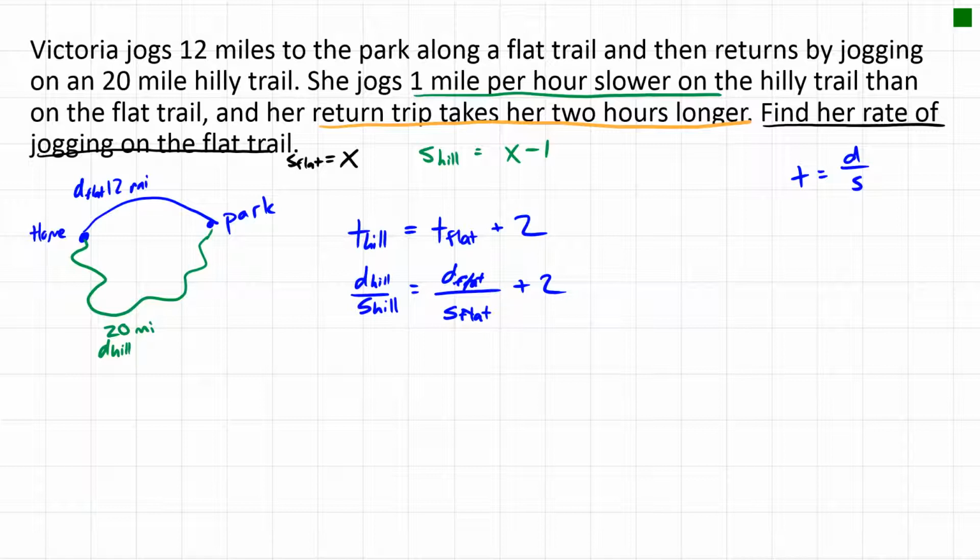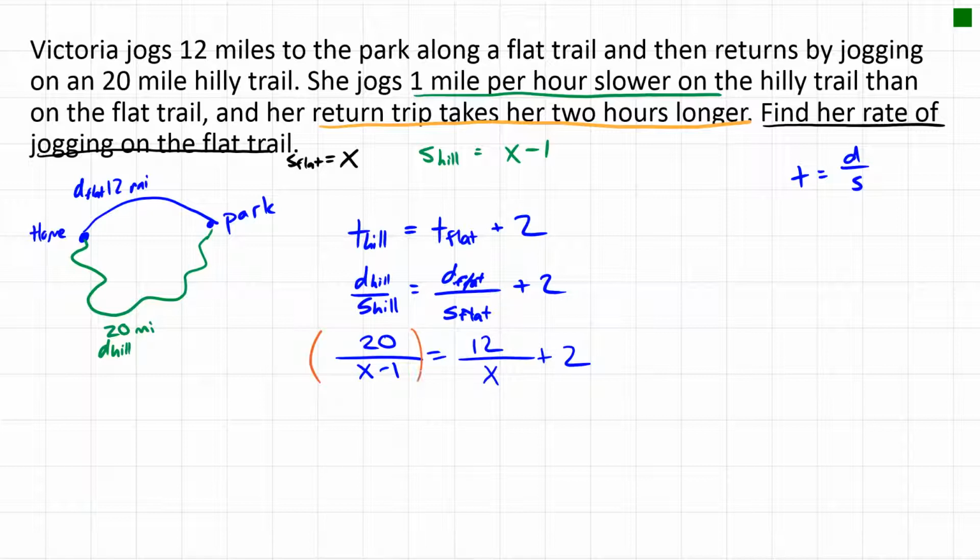And now putting in values that I know, that would be 20 over x minus 1. And the flat trail is 12, and the flat speed is x. Plus 2. So there's my rational equation. The hard part of setting it up is over.